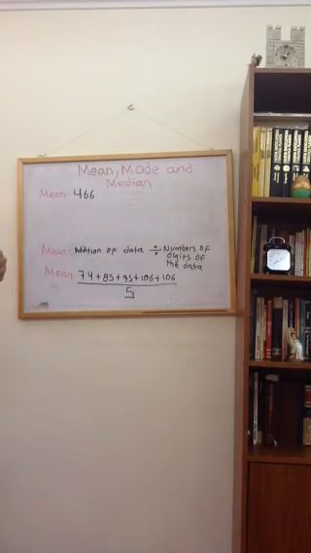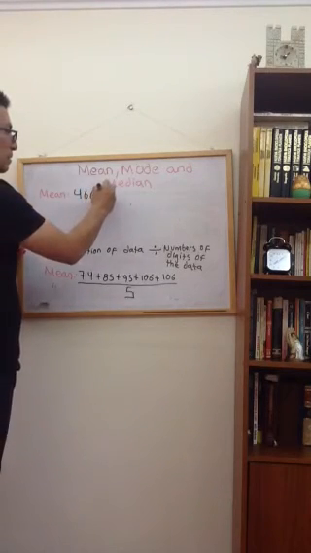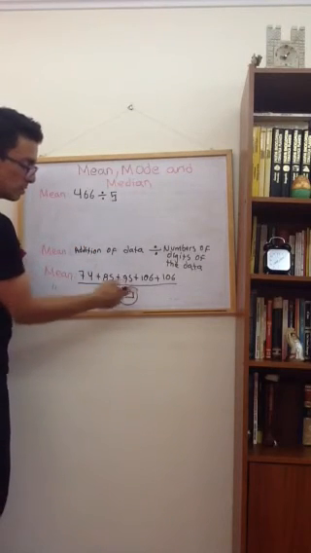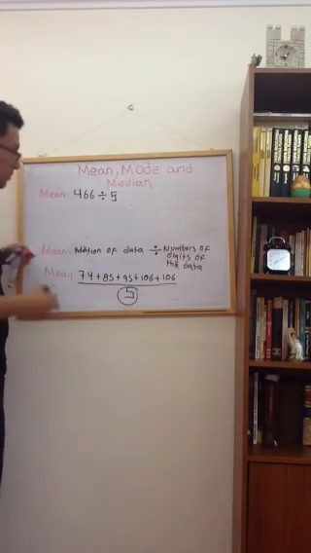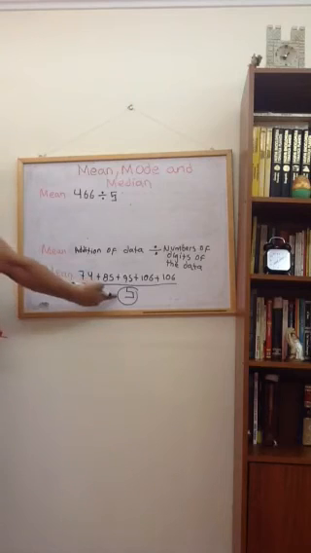Alright? Divided by the number of digits that you see here.